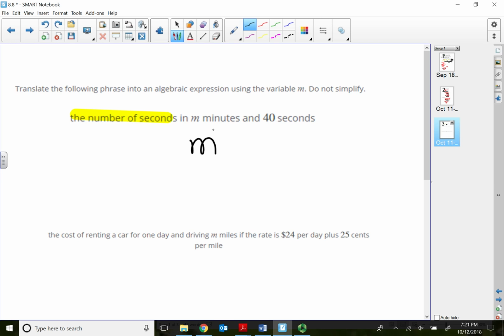So to convert minutes into seconds, I have to multiply by 60. All right, so 60 times however many minutes I'm going to have, okay? And I have an additional 40 seconds, so I have to add another 40 seconds. So these two terms together represent the number of seconds in m minutes and 40 seconds.